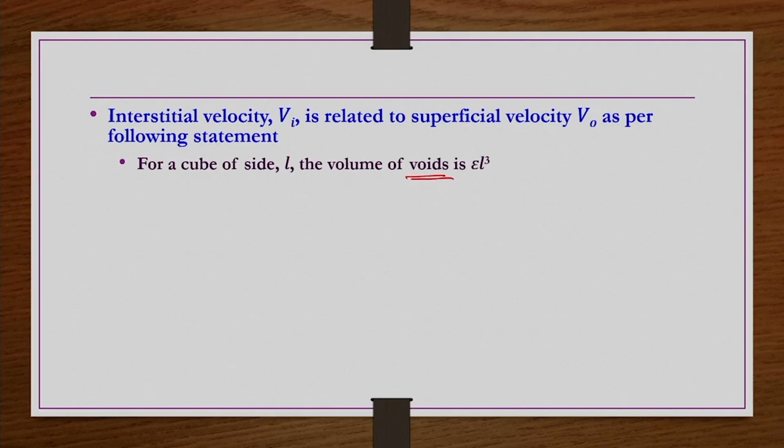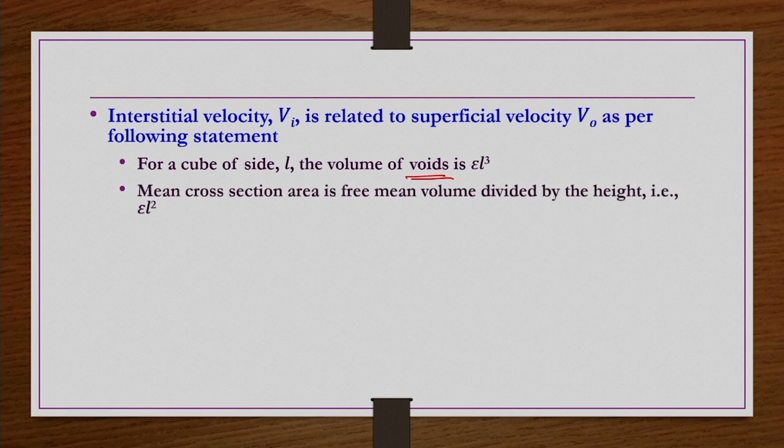If the particle is of a cubical shape, then its volume is L cube if the side of the cube is L. So, the volume of the voids is epsilon multiplied by L cube, that we understand. Then the mean cross section area is the void volume divided by the height, that is epsilon L cube by L. So, that is epsilon L square, right.